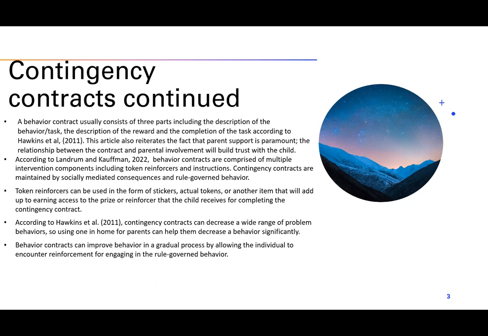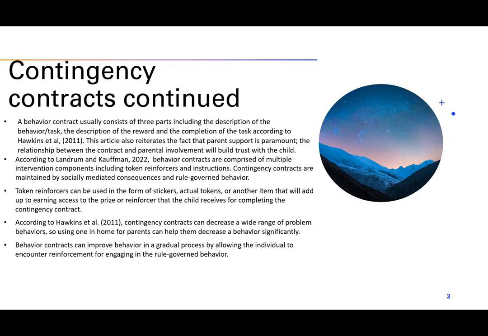Let's say it's going to the movies at the end of the week. And you can use this in the form of stickers or actual tokens, just depending on what would be reinforcing for your child. Contingency contracts are maintained by these socially mediated consequences and rule-governed behavior, which we'll get into in the next slide. Token reinforcers can be used in the form of stickers, actual tokens, or other items that will add up to earning access to the prize.